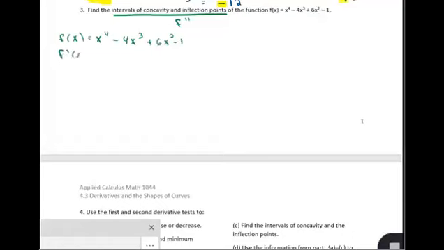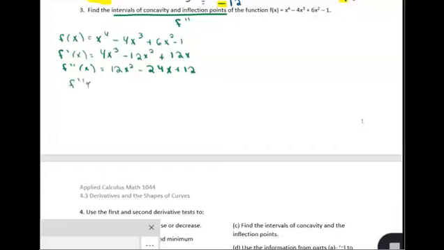So that means our first derivative is going to look like 4x to the 3rd minus 12x squared plus 12x, which means our second derivative is going to look like 12x squared minus 24x plus 12. We could keep taking the derivative if we wanted, but the second derivative is what we need, so we are just going to stop there. Now when I look at the second derivative, I see a common 12 here.